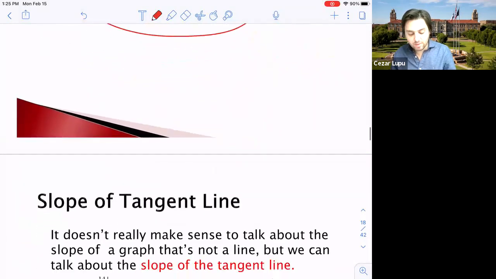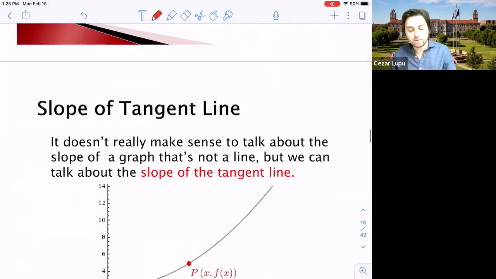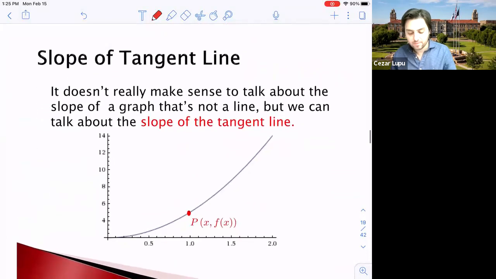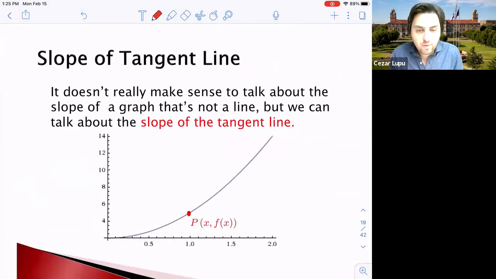And now let's see, it will make sense to talk about the slope of a tangent line. Okay, so imagine we have the graph of this function. Well, this looks like a similar graph that we have previously seen, right? It's basically the graph of a quadratic function. And suppose we have a point P there, right?